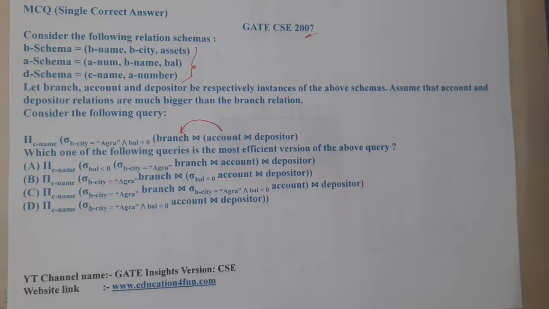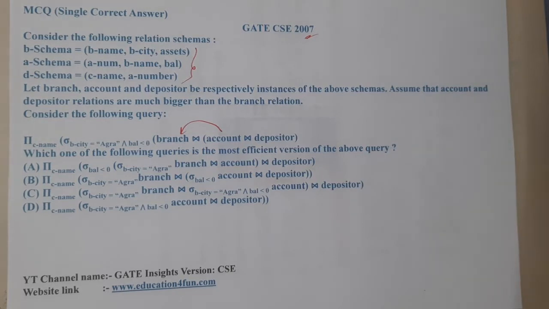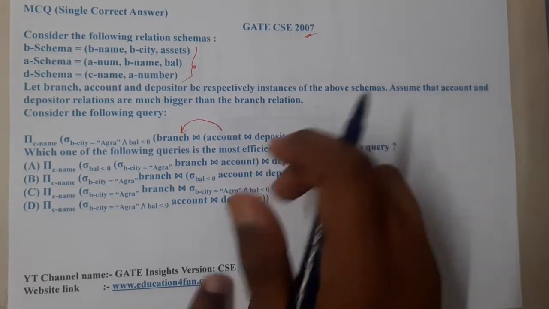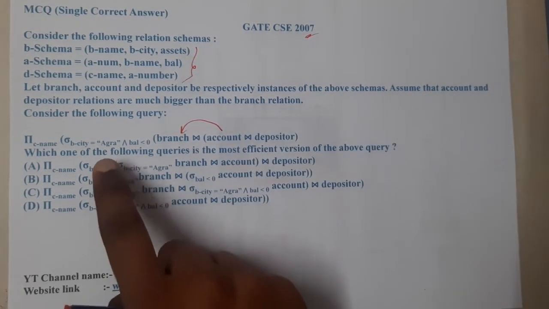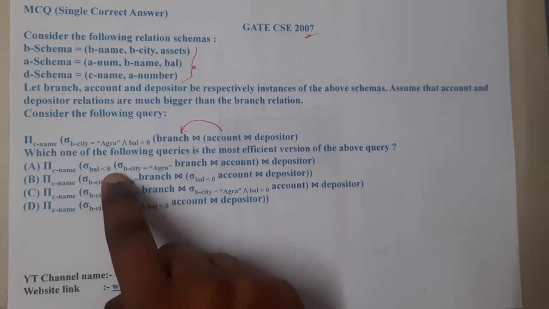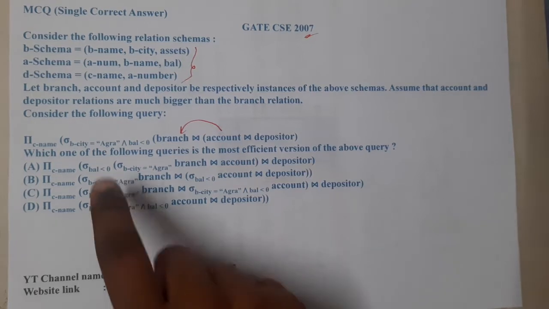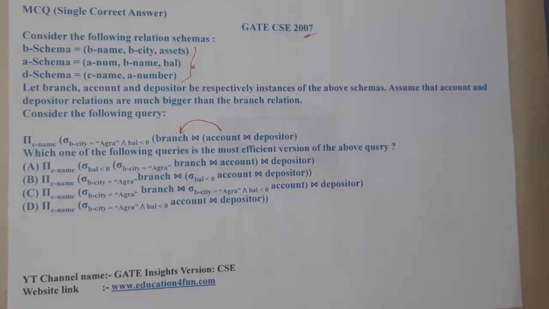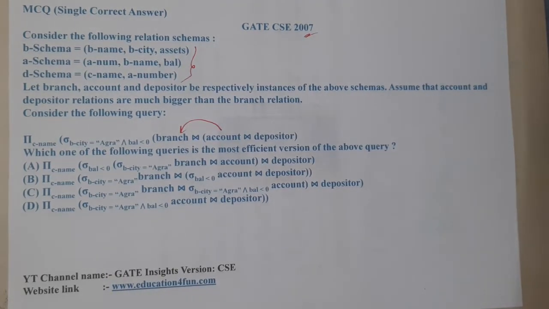To be clear, whenever we are working with these types of queries, always try to reduce the number of values. Whenever you know that the city should be Agra and the balance should be less than 0, so we are searching only for the negative balance people.